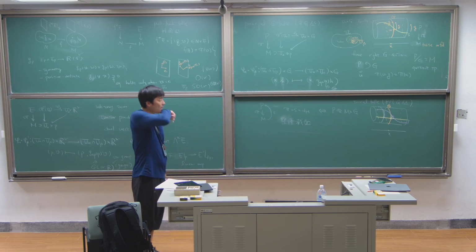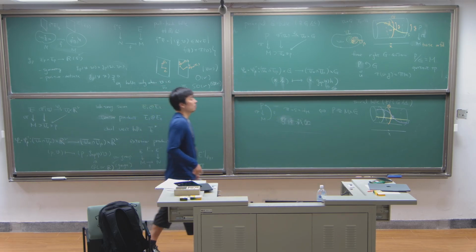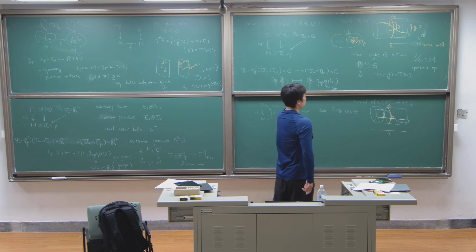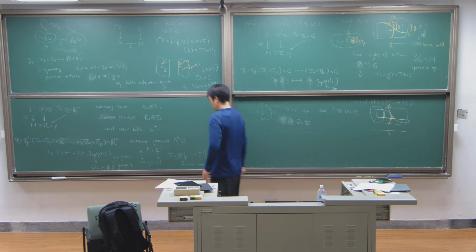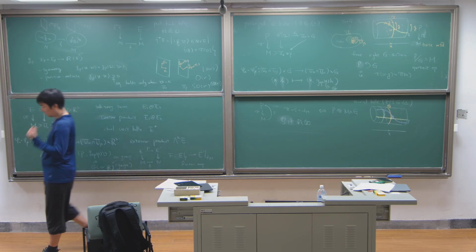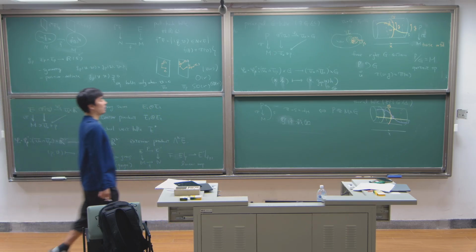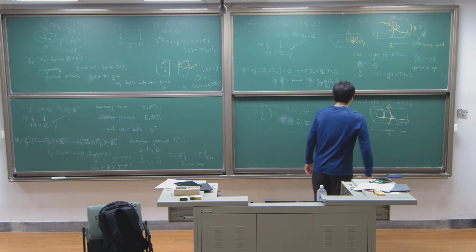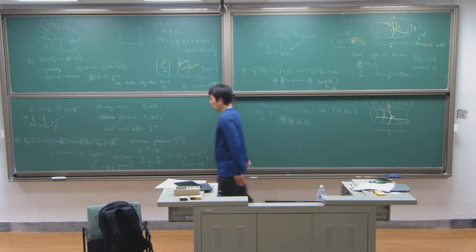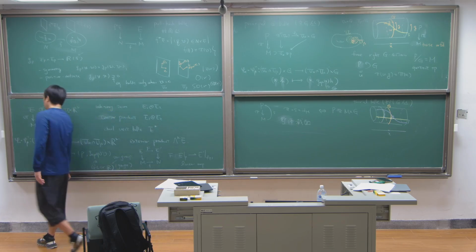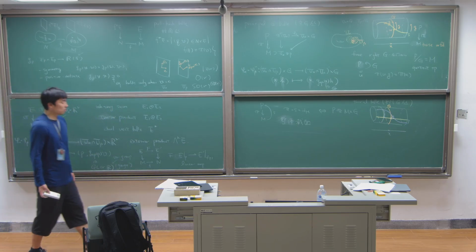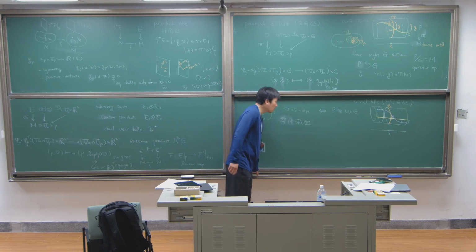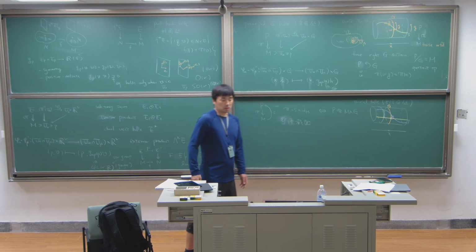In that case, you can always have the product structure. So in that case, P can be identified as a trivial bundle.